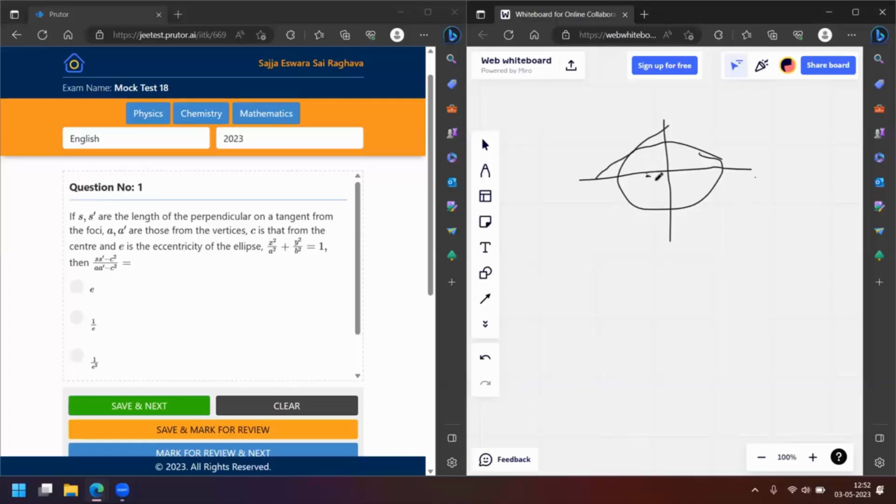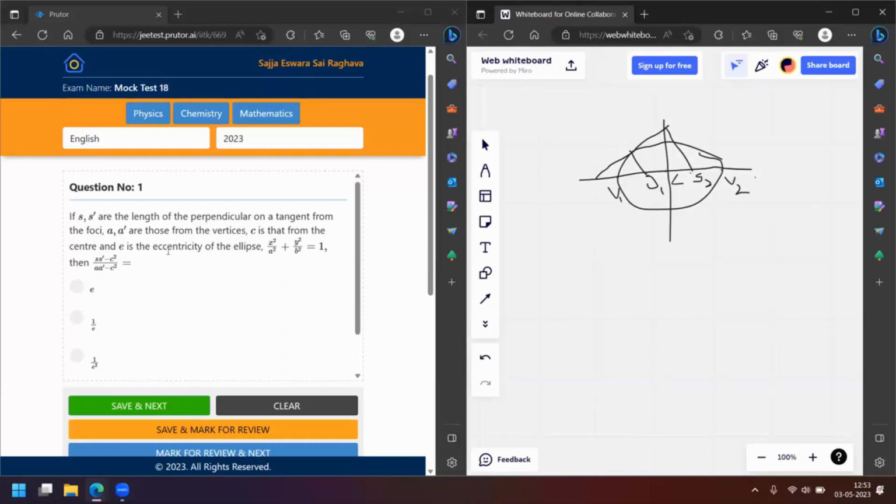We can assume S1 and S2 as the foci and C as the center of the ellipse. We get S and S dash by drawing the perpendiculars from the foci to the tangent, and A and A dash are from the vertices. So let us assume this as vertex 1 and this as vertex 2.